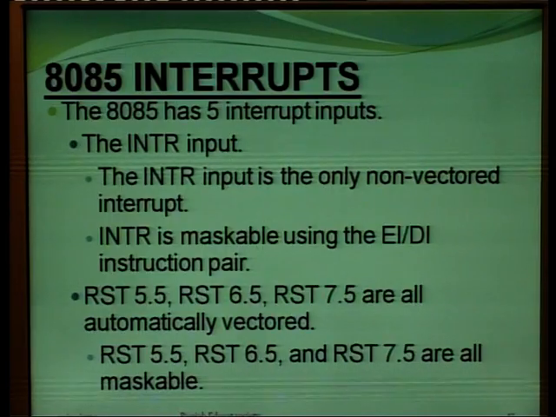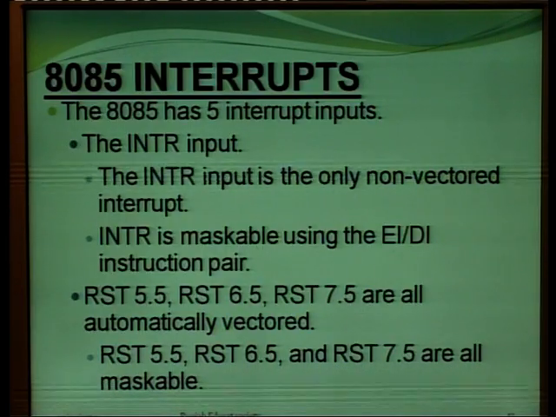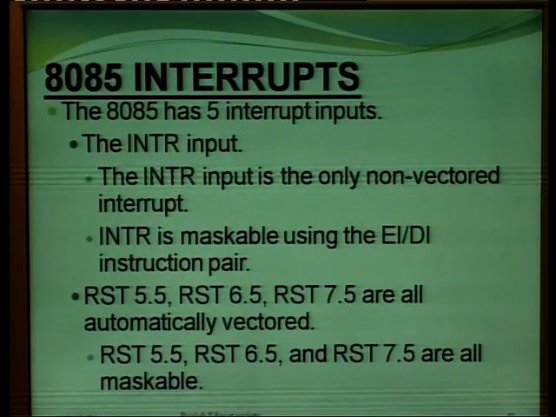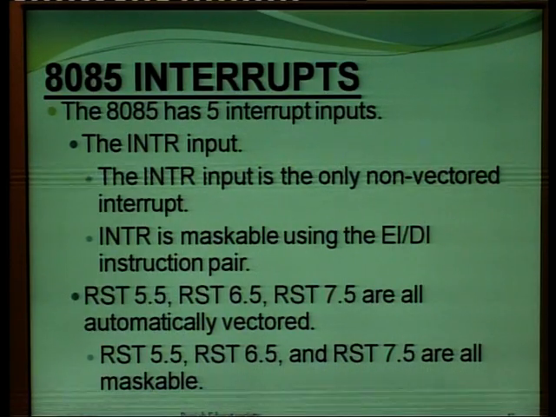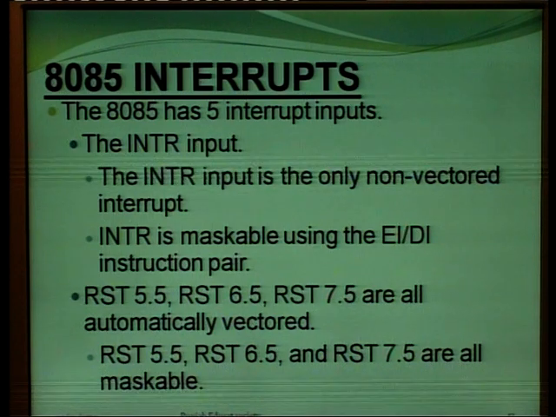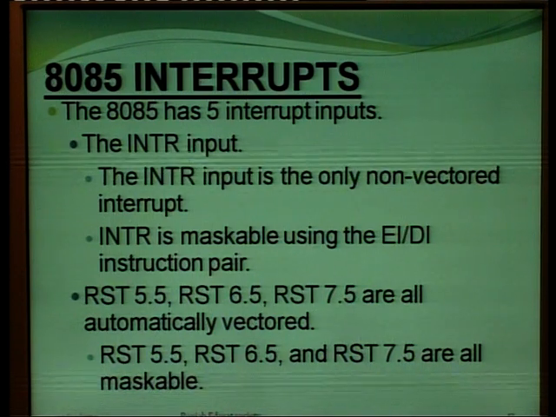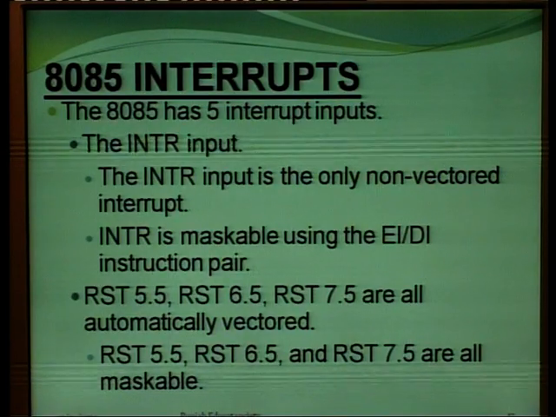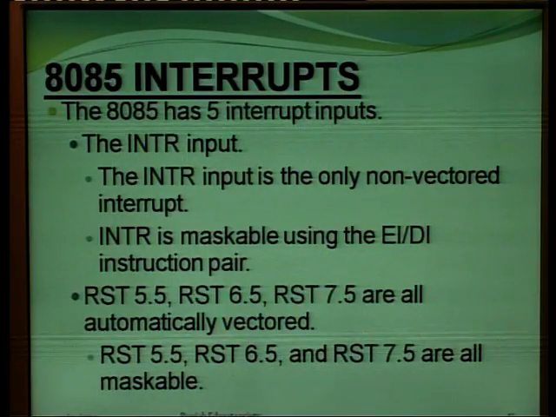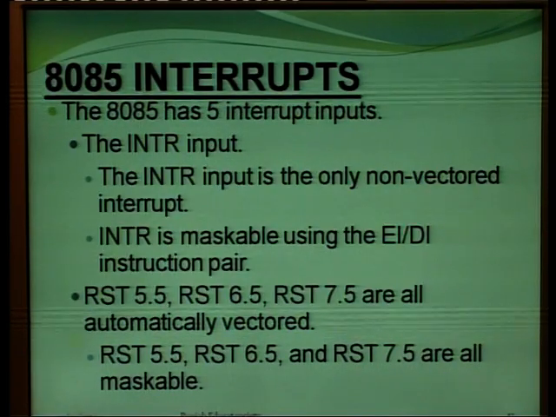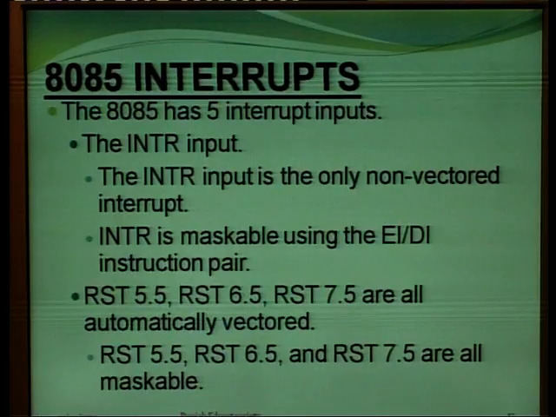So, EI is used to enable this particular interrupt and DI is used to disable this particular interrupt. इस तो इलावा RST 5.5, RST 6.5 and RST 7.5 are all automatically vectored interrupts. ये तीनों इंटरप्ट्स वैक्टर्ड इंटरप्ट्स हैं, मतलब इन्हां दा सबरूटीन एड्रैस माइक्रो प्रोसैसर नूं ऑलरेडी पता है। Plus these three interrupts RST 5.5, 6.5 and 7.5 are all maskable.